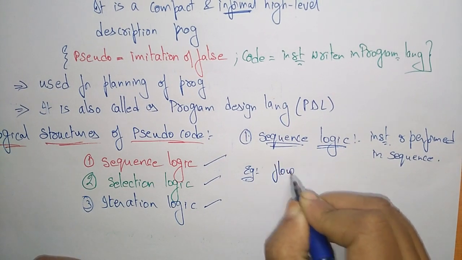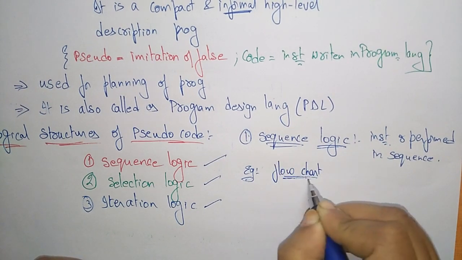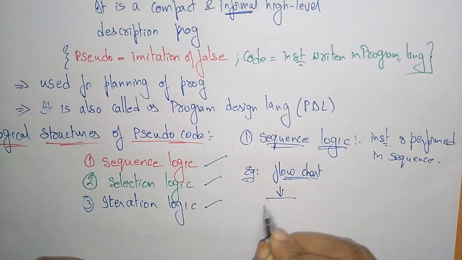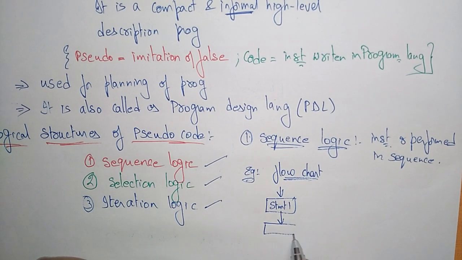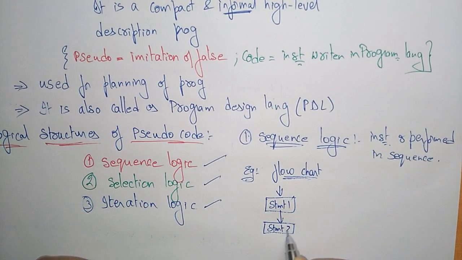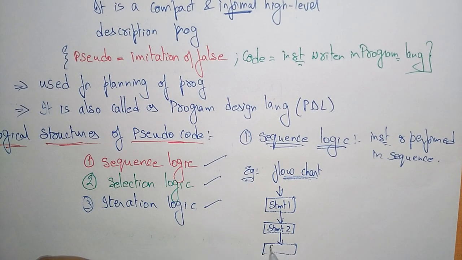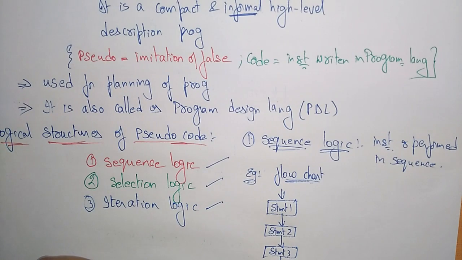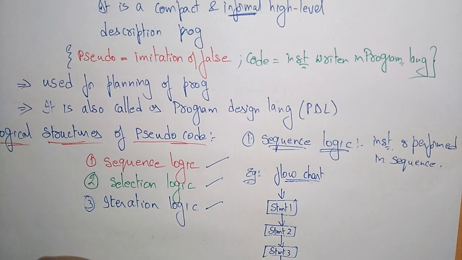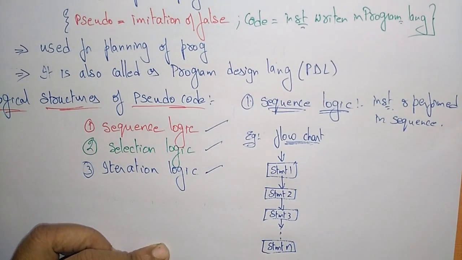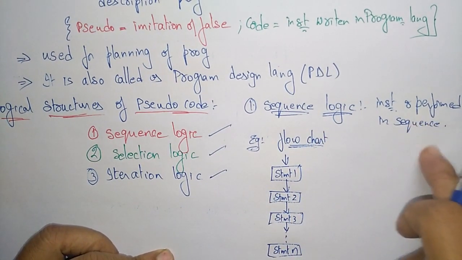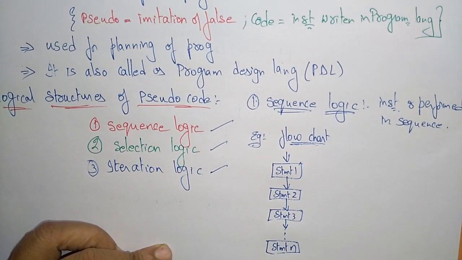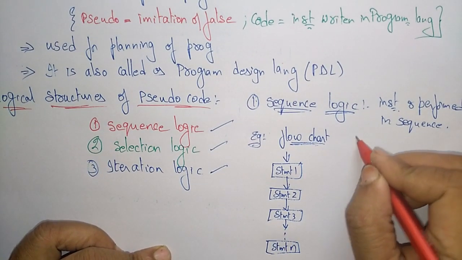If you represent it as a flowchart, it is statement 1, statement 2, statement 3, up to statement n. Here I am writing the flowchart of sequence logic. The sequence logic says that the instructions are performed in sequence. So this is the flowchart. Now coming to the pseudocode.